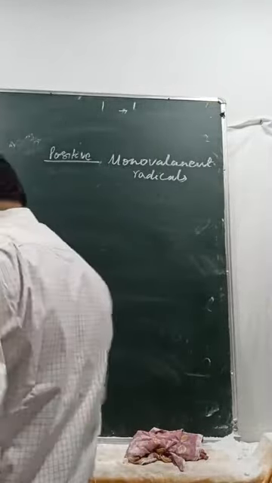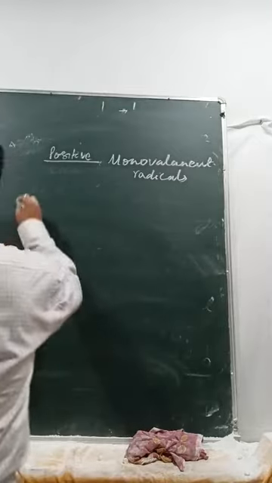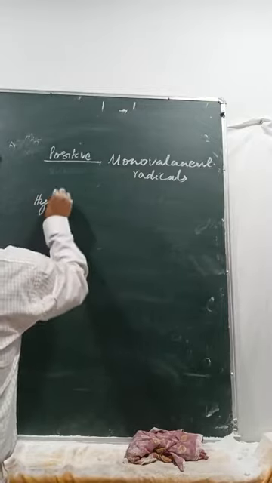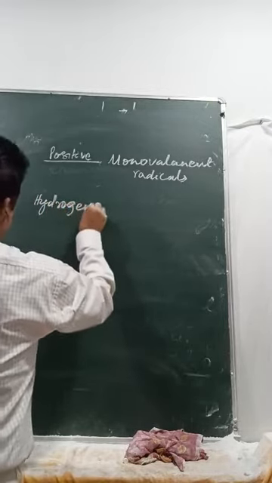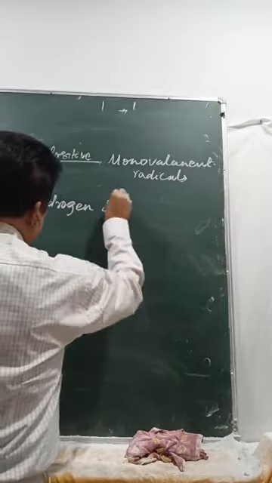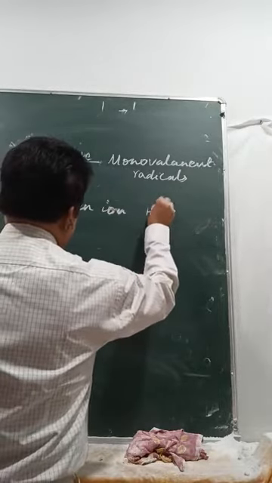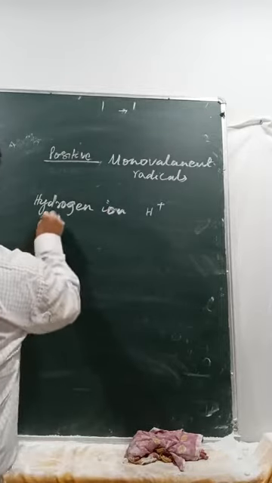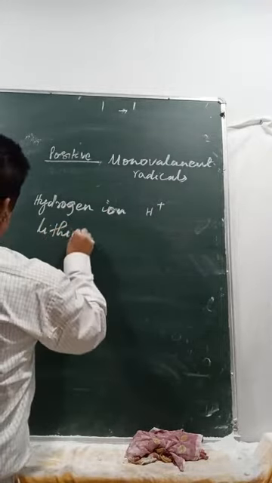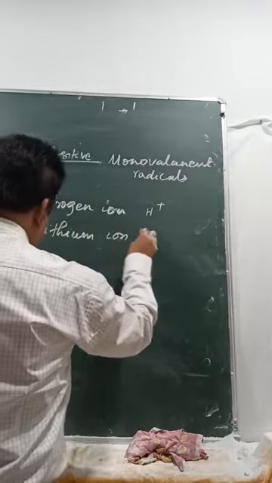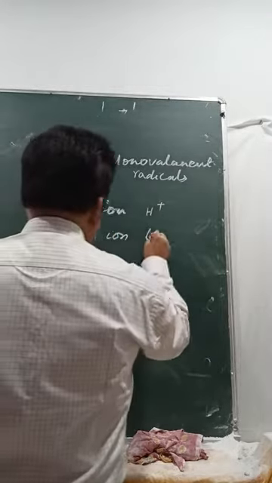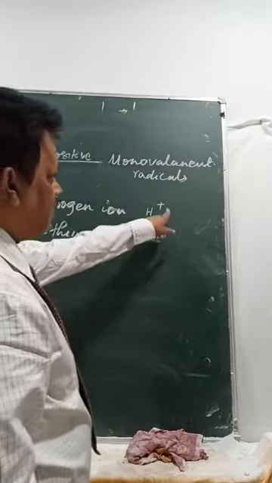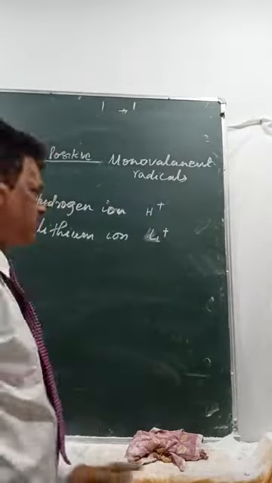So we can write, that is hydrogen ion, monovalent, it becomes H plus. Then lithium ion, it is Li plus, means it can donate one electron.